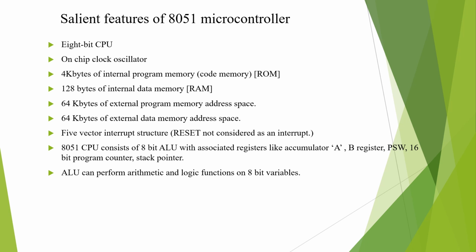So there is a special use of register B in the 8051. The ALU can perform arithmetic and logic functions on 8-bit variables, which is obvious because it is an 8-bit processor.